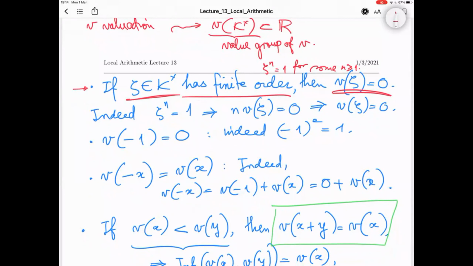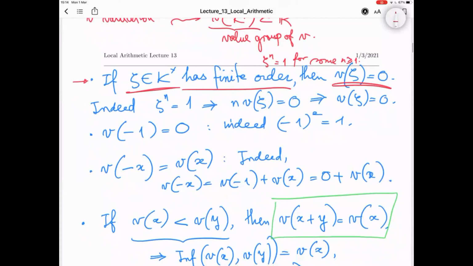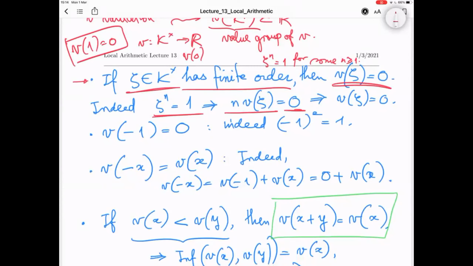That's evident because zeta to the n equals 1 implies that n times the valuation of zeta is equal to 0, because the valuation of 1 is always 0. That is clear because V is a homomorphism from K star to R, so it takes 1 to 0.